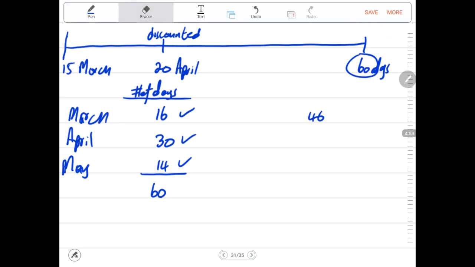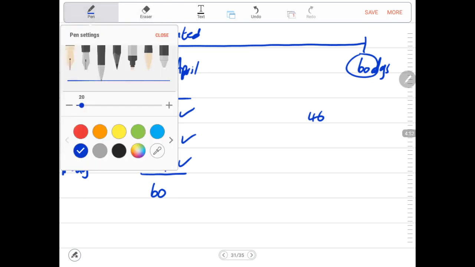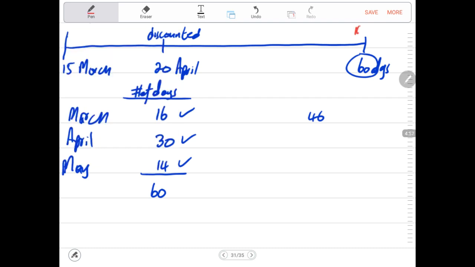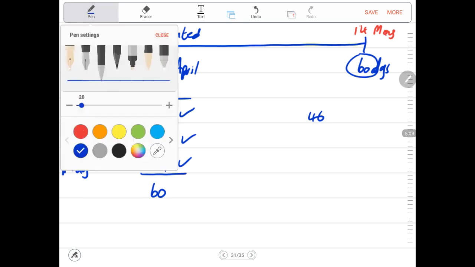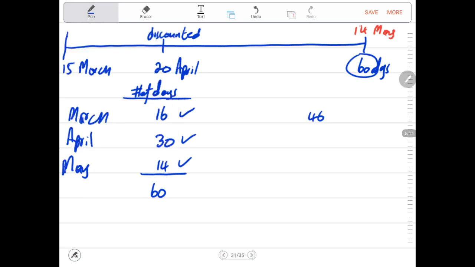Let me change the color so that we know this is a different date. This is the due date, the 14th of May. So this bill was due on the 14th of May, and we are aware that this bill was discounted on the 20th of April.